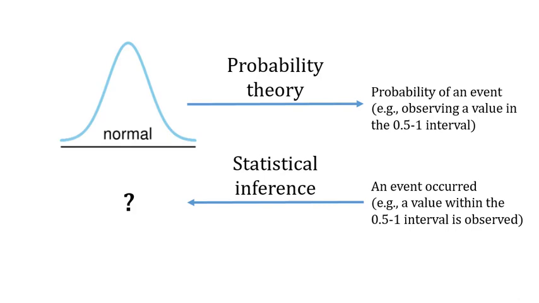Once we observe this value, what we want to know is which distribution this value comes from. So we are using the tools of probability theory, but the direction of the process is the opposite.